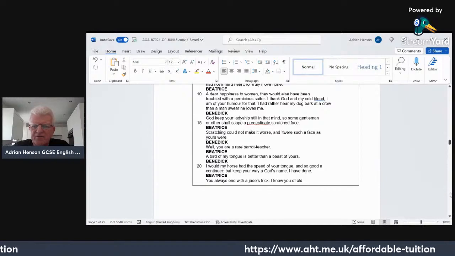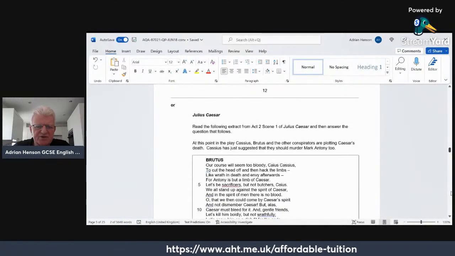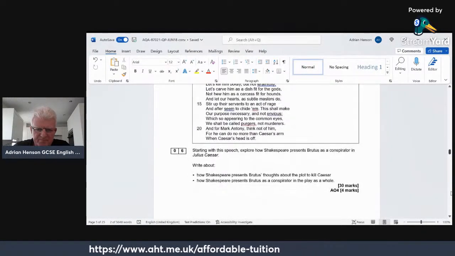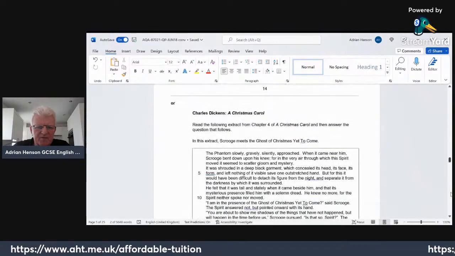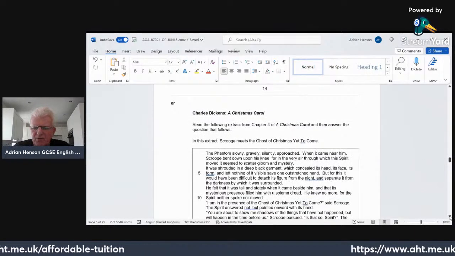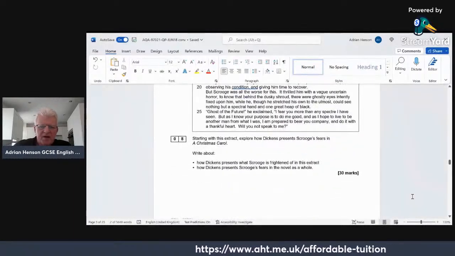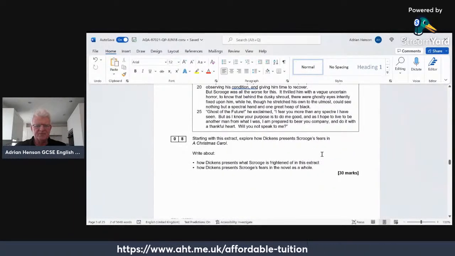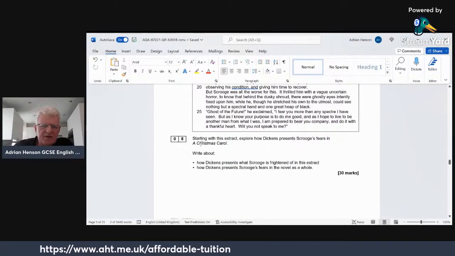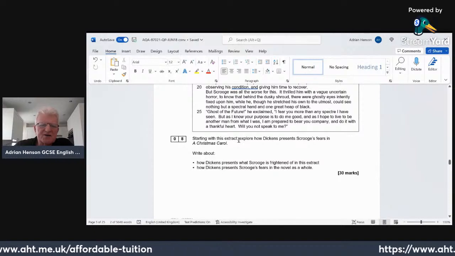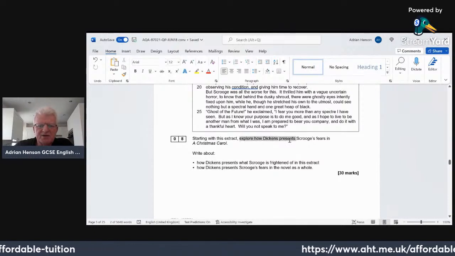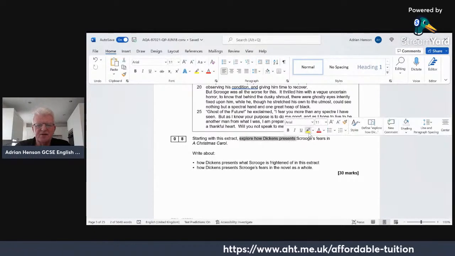So let's say you've done 45 minutes on Shakespeare. The next thing you might be doing is looking at A Christmas Carol. And again, if we look at A Christmas Carol, it says, starting with this extract, explore how Dickens presents Scrooge's fears. So there you go again.